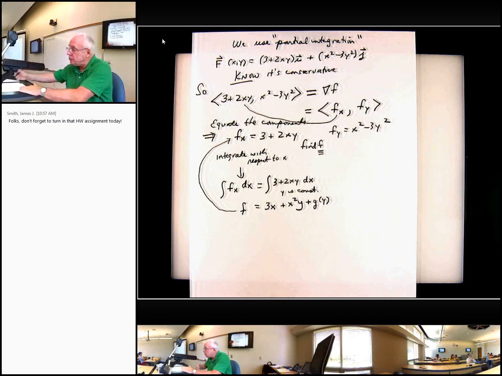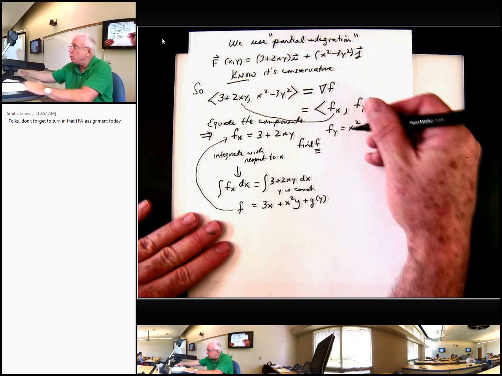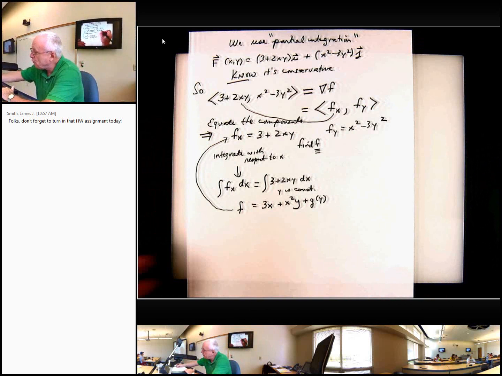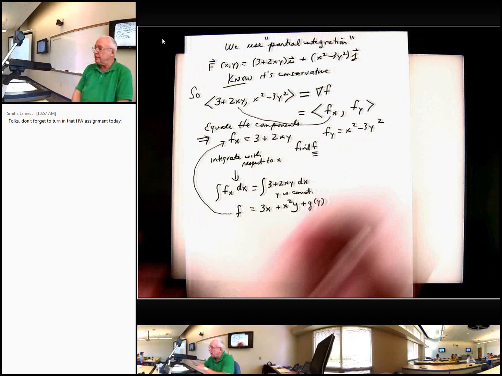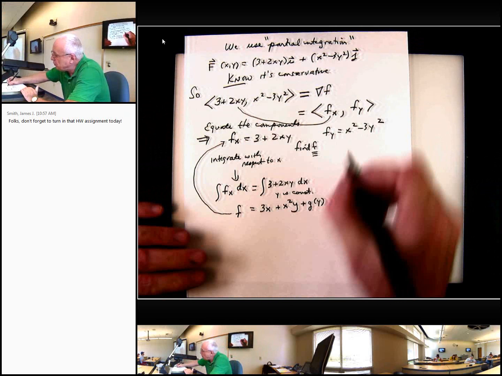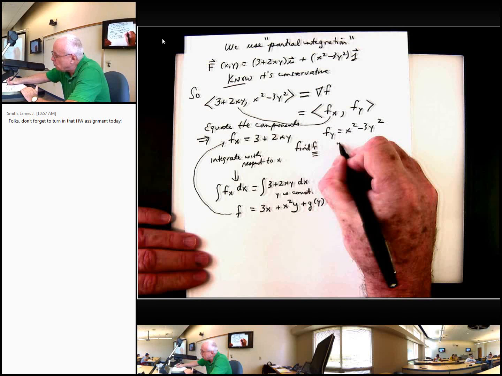Now we do a similar type of thing with the other partial derivative that we have. So we have fy is equal to x squared minus 3y squared. On this one, of course, we're going to integrate with respect to y.